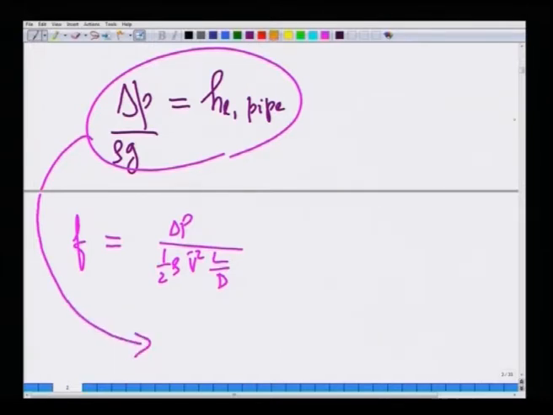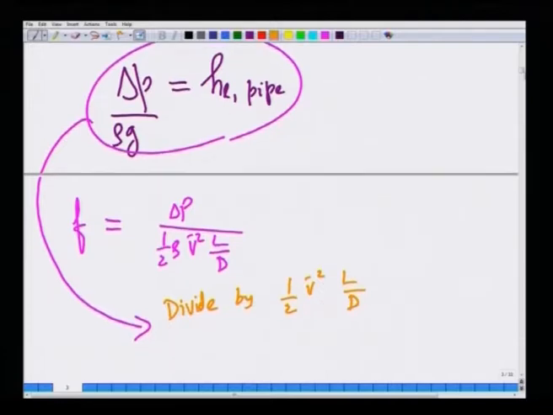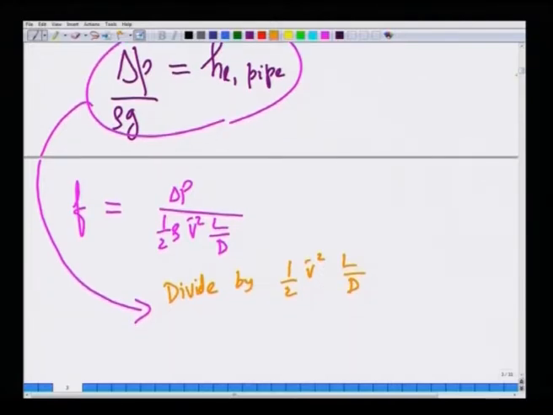Now, all I have to do is divide both sides by half V squared L by D, and multiply by g, so that I get the friction factor.